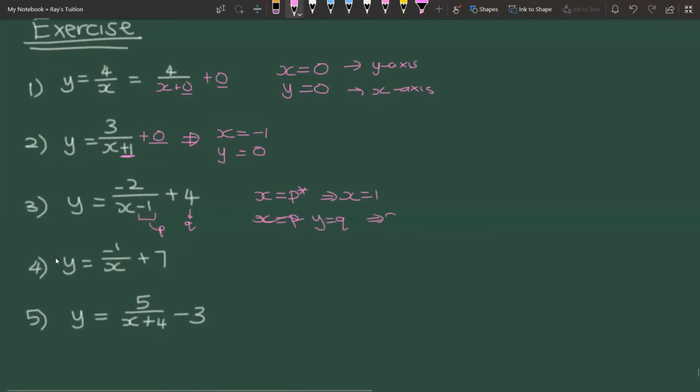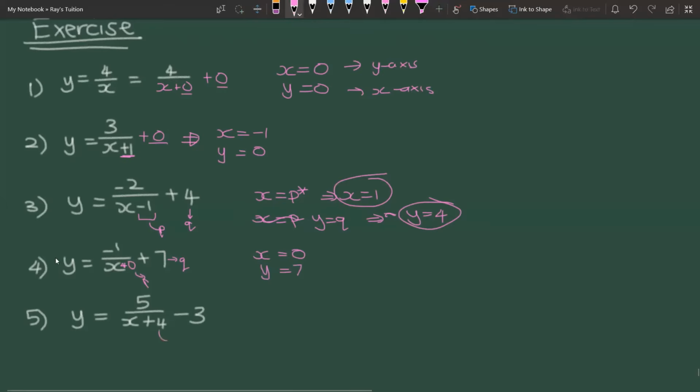So our q value is 4, so we have y is equal to 4, and there are our two asymptotes. For this one here, it looks like there's no p value, but then we can always write plus 0, and that is our p, and there is our q. So our vertical asymptote is x is equal to 0, and our horizontal asymptote is y is equal to 7.